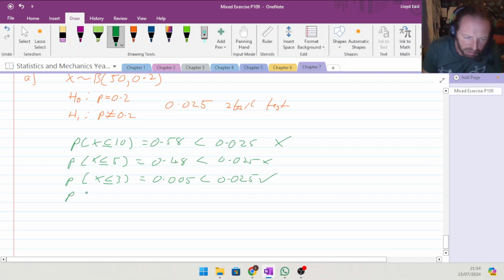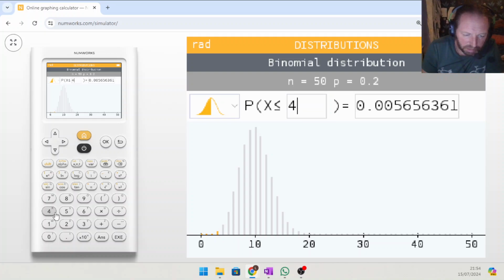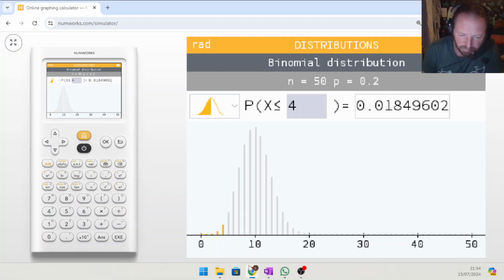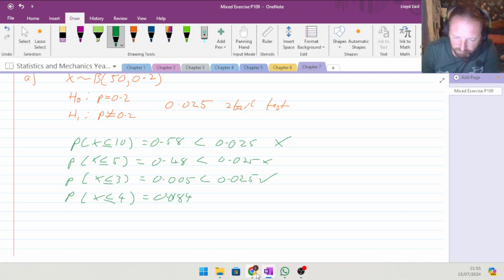Okay, let's see what's in between there in terms of X being less than or equal to 4. Just put it in for 4 and see what we get. 0.184. No, 0.0184, wasn't it?